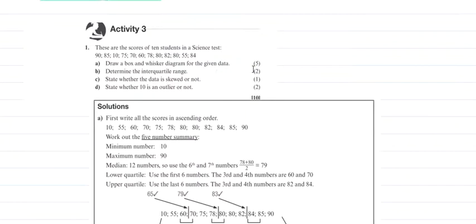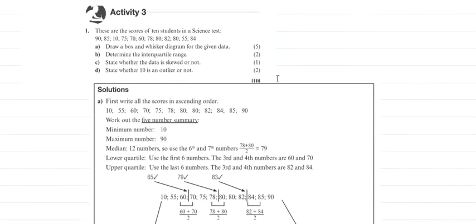The first thing we check is whether the data is arranged in order, mainly ascending order. If it isn't, then you've got to arrange the data in ascending order. If you look at the scores, you've got 90, 85, 10, 75, and so on, going down to 84. So our smallest value is 10.